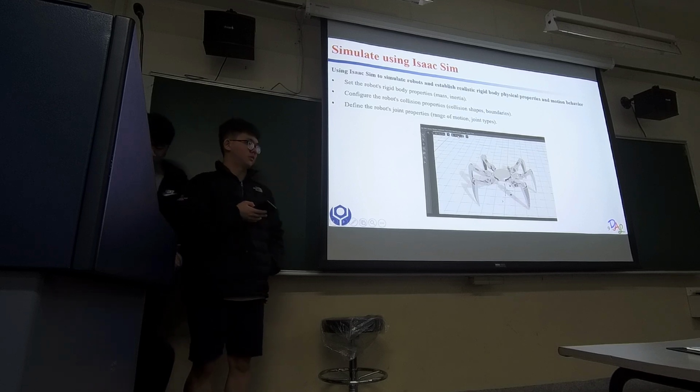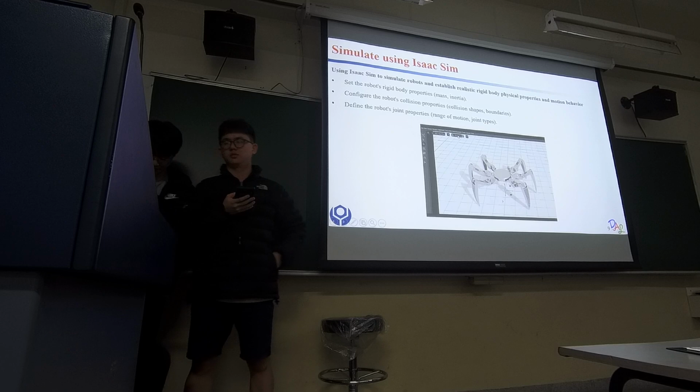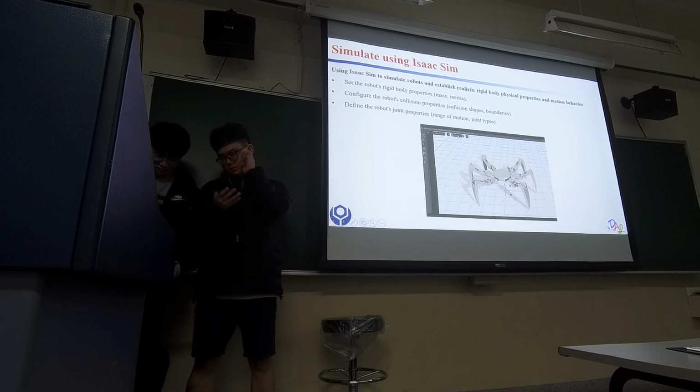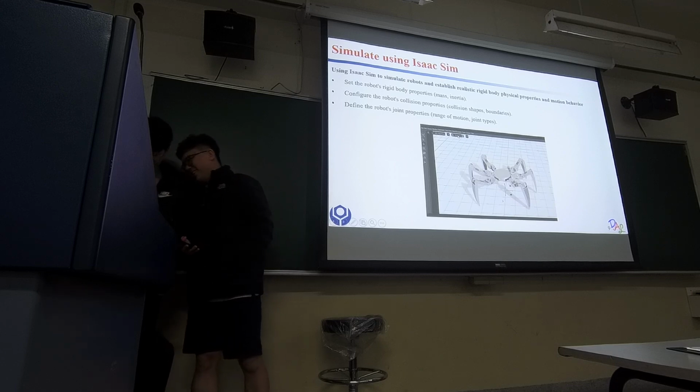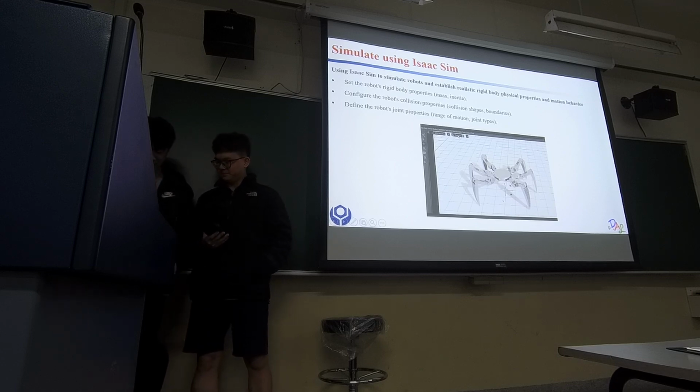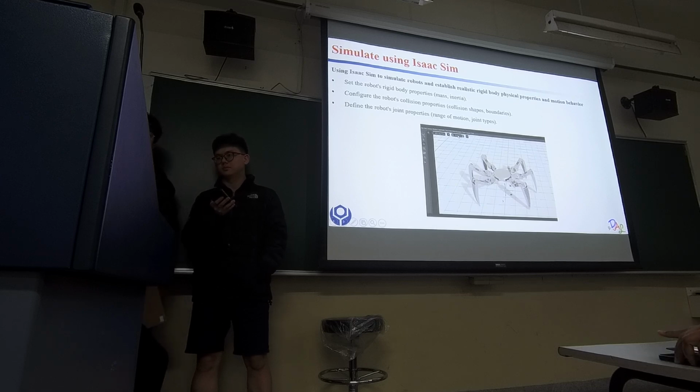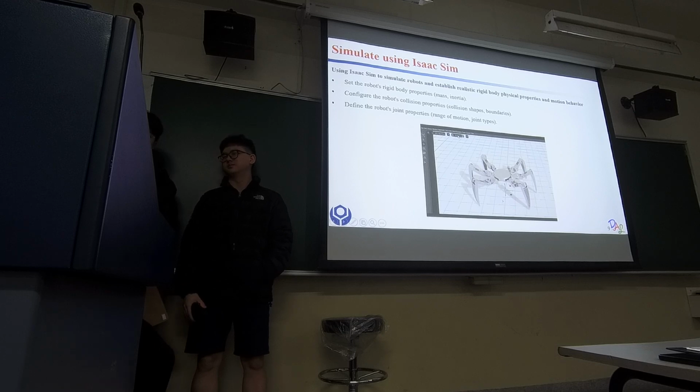Then, after setting up the rigid body and collision properties, we define the joint properties between parts. For parts that need to rotate, we use revolute joints, and for the parts that should be fixed, we apply fixed joints.